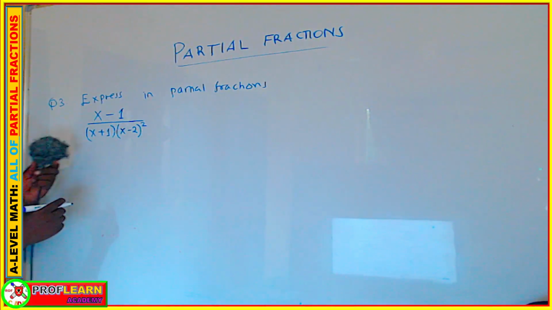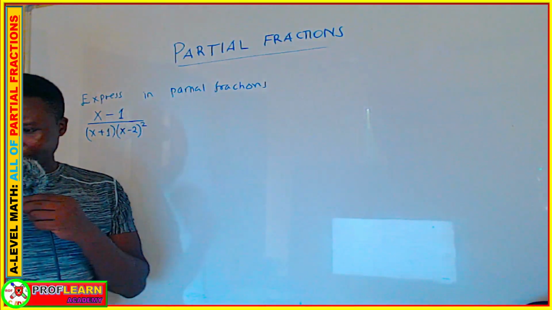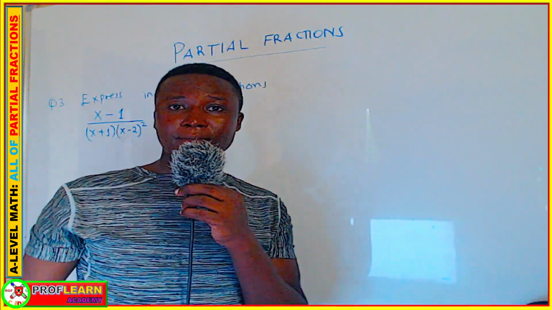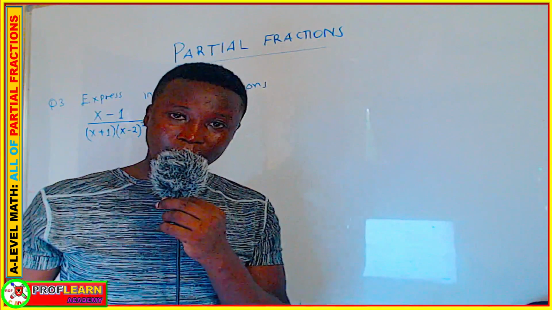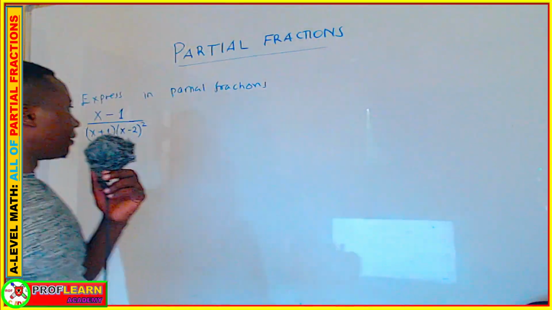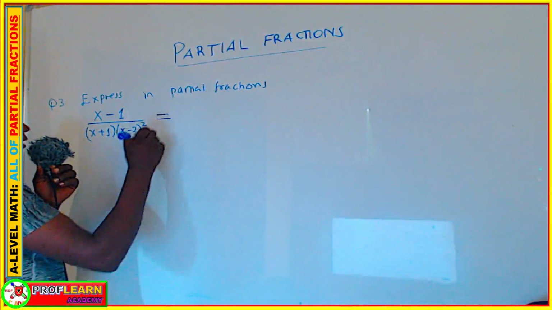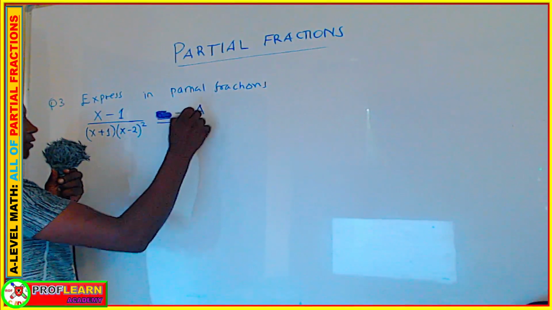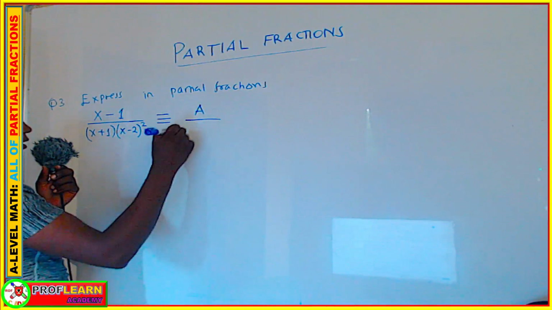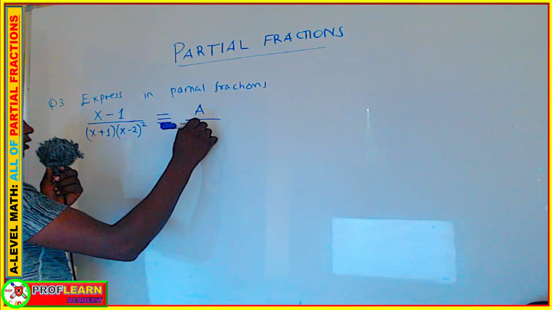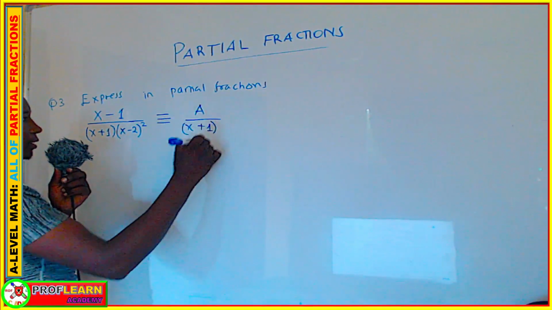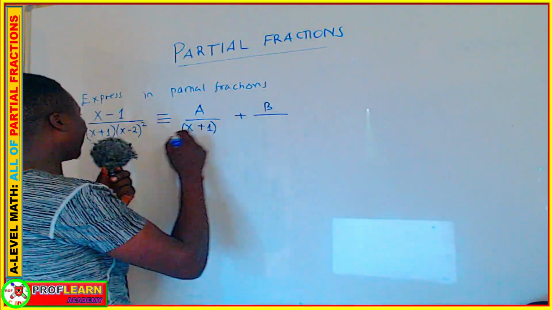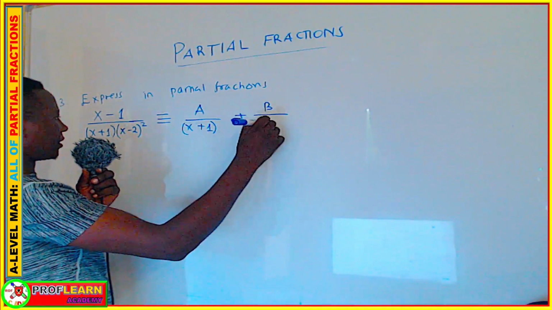Now you can see that whatever we are having here, one of the terms is squared, meaning one of the terms is repeated. And in order to work this out we're going to say this is equivalent to a over x plus 1, which is the format you will use when expressing as partial fractions, plus b over the repeated term, which is x minus 2.